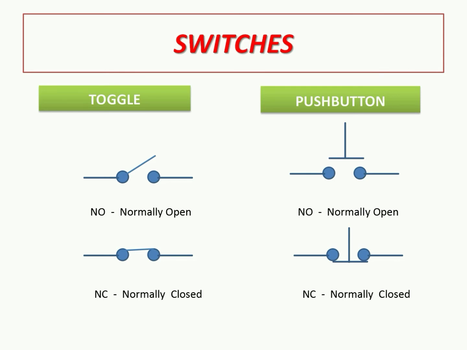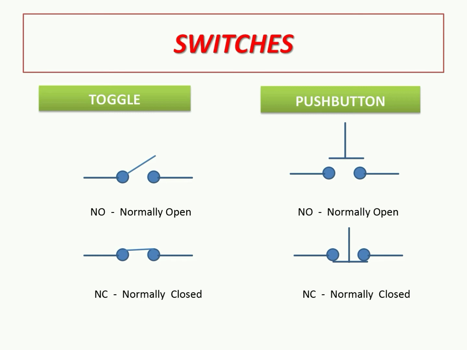There are some symbols that you can also see in AutoCAD. You can see how we denote a toggle switch in normally open and normally closed. On the other side there is a push button, with the symbol of normally open, and second, normally closed. When you push the NO push button, it comes down and makes a contact, and when you release it, it goes up and the contact is open.